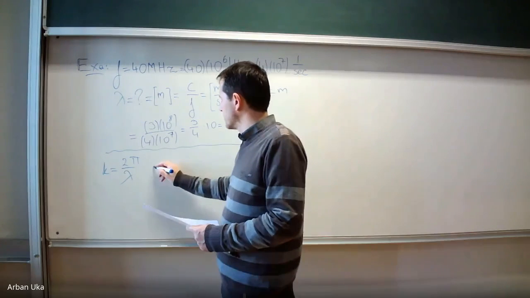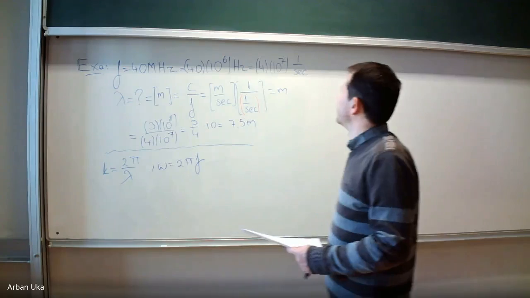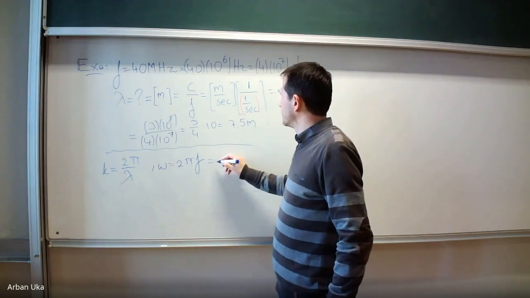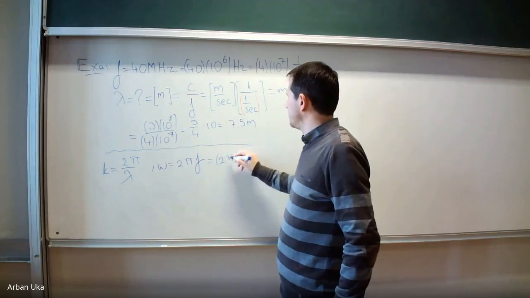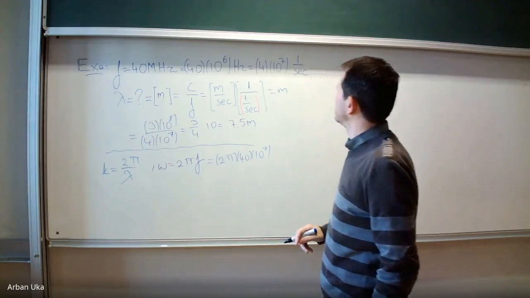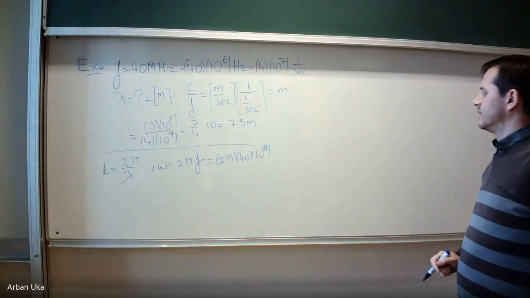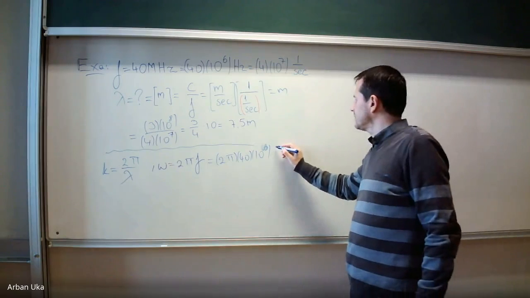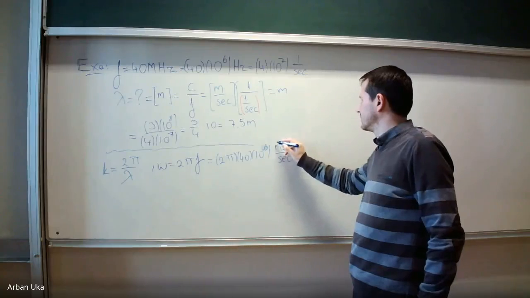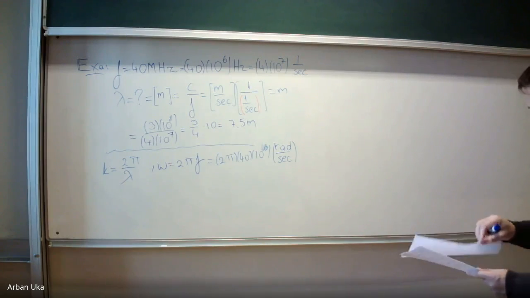We can also extract omega, which is 2 pi f. Here the frequency is 14 megahertz, so we have the angular frequency, 2 pi times 14 times 10 to the power 6. Of course, this is the unit.